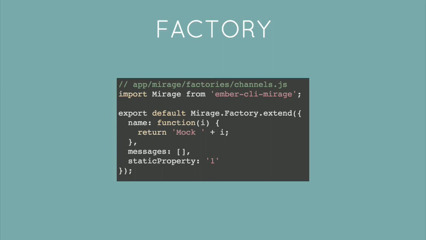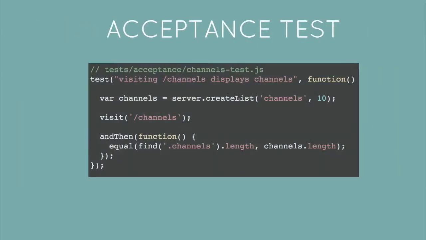Right now you can see that the name is being returned as mock name plus this i variable. If you have a function in here, Mirage will pass in the integer value of the number being created. So the first time you create a channel, i is going to be 1. So it'll be mock 1, mock 2, mock 3 as you create more and more.